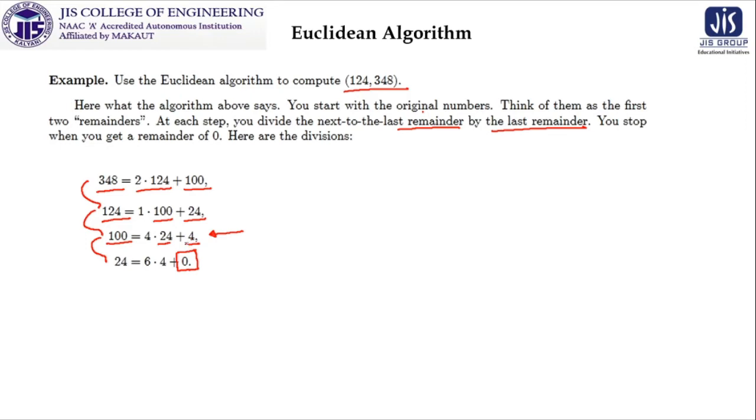Clear? Now before proceeding to the next step, you know that we can write that GCD in the form MA plus NB. Here also you can write 4 = M × 124 + N × 348, where M and N belong to the set of integers.